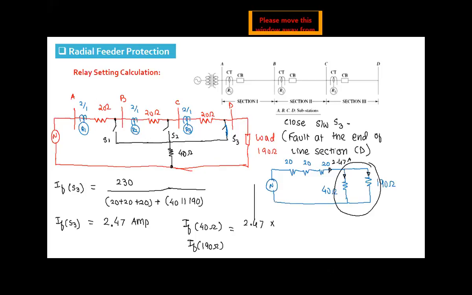So, we apply current divider. 2.47, we want through 40 ohm. So, 190 opposite divide by total. And then you can subtract this current. That will be current through 190 ohm.